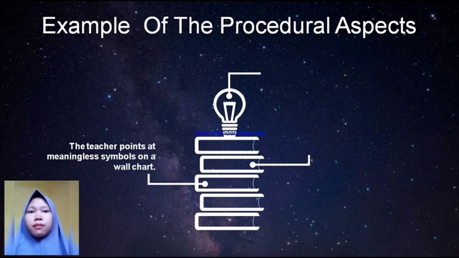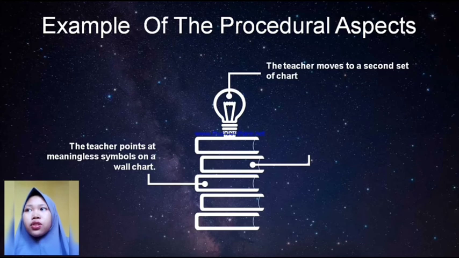This is an example of procedures. First, the teacher points at meaningless symbols on a wall chart. The symbols represent the syllables of the spoken language. The students read the sounds aloud, first in chorus and then individually.